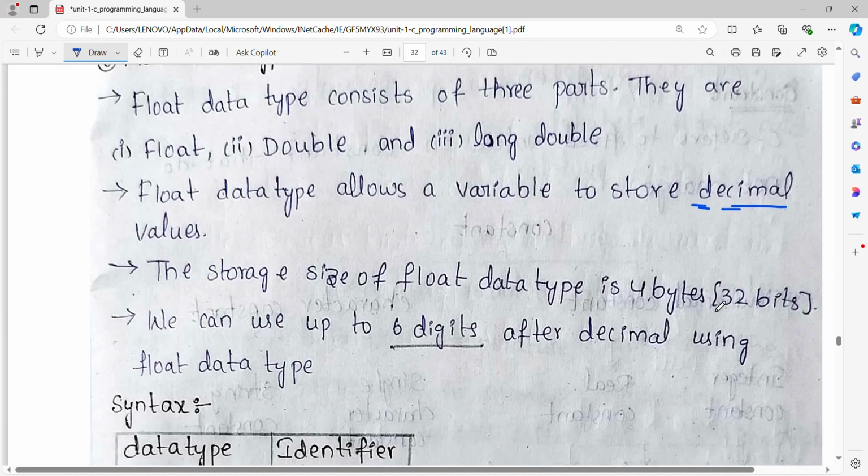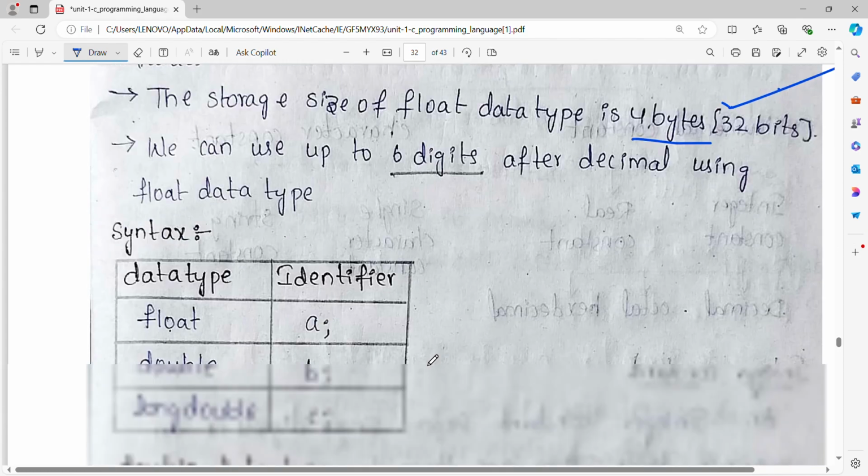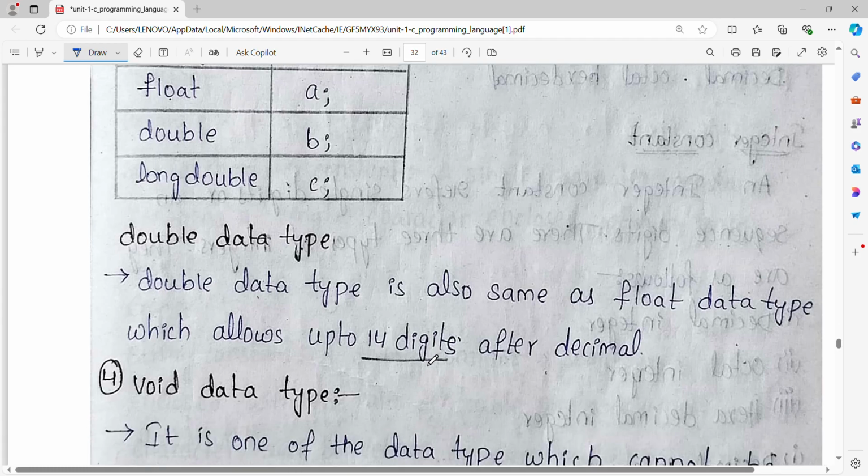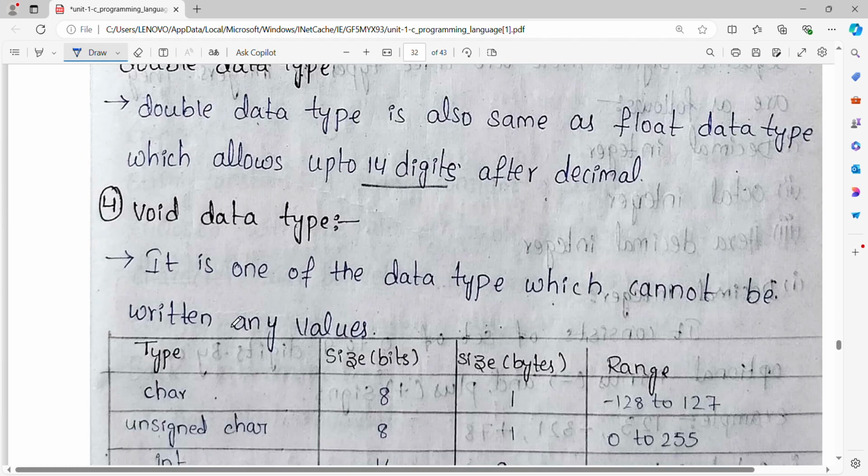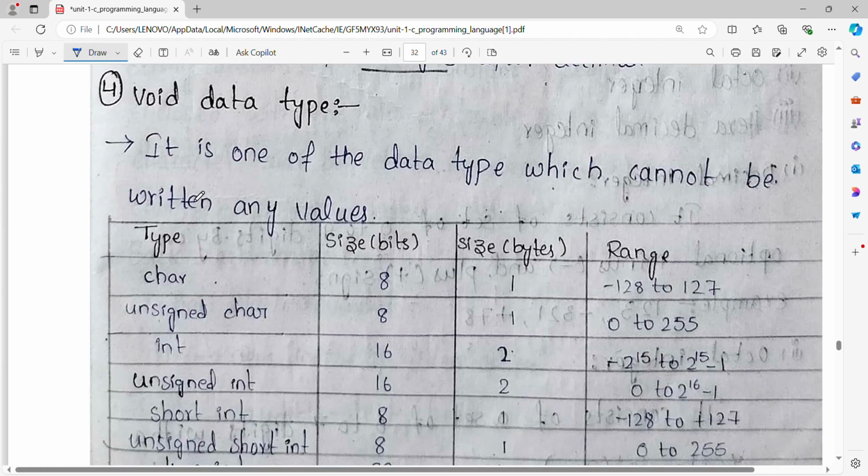What is the storage capacity? 4 bytes if it is 32 bits, and 8 bytes if it is 64 bits. Next one, void. Void cannot take any values. It is one of the data types which cannot hold any values.